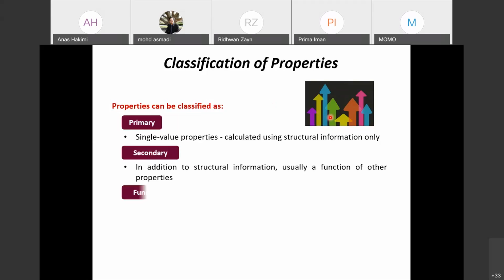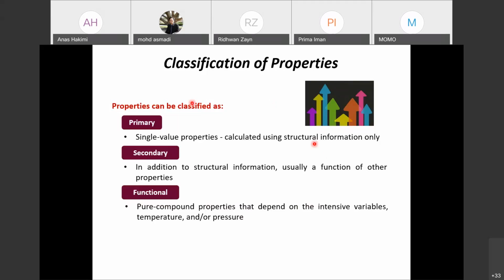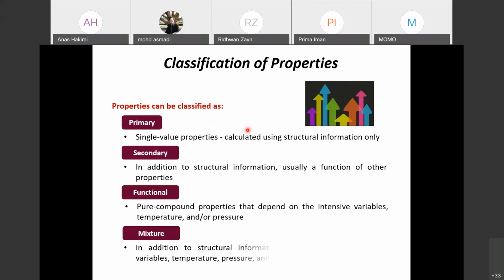And then functional: pure compound properties that depend on the intensive variables temperature as well as pressure. So this is the second step as well as the third step. And then the mixture has additional structure information, and it depends on other variables such as temperature, pressure, and also composition, just similar to functional properties.